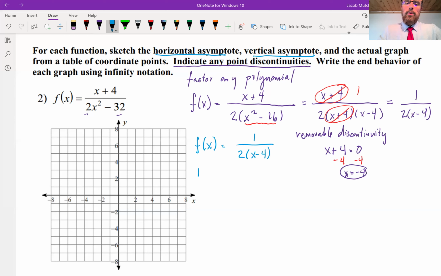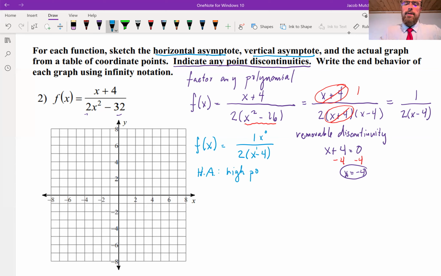To find horizontal asymptotes, I'm going to compare the high powers on x above and below. So there is no x in my numerator now. So that's an implied power of 0, compared with the high power of x in the denominator, which is power of 1. So clearly the high power is in the denominator.